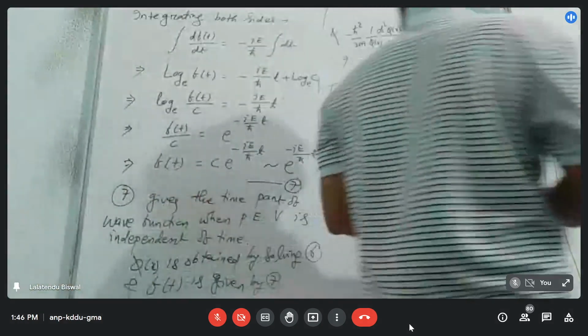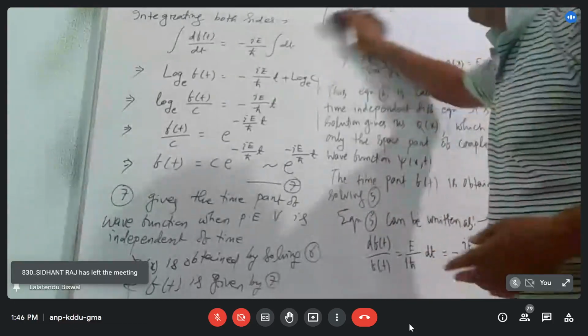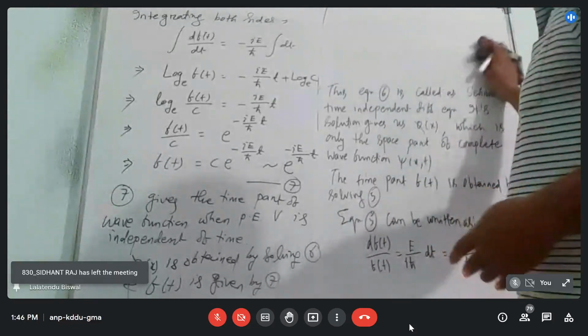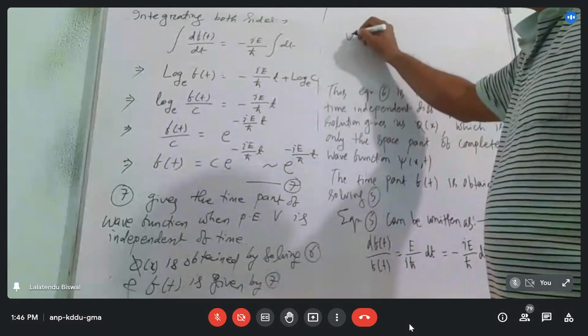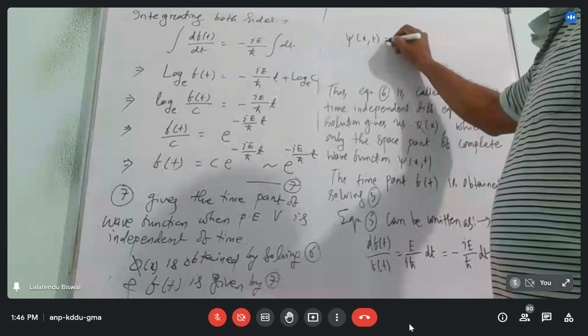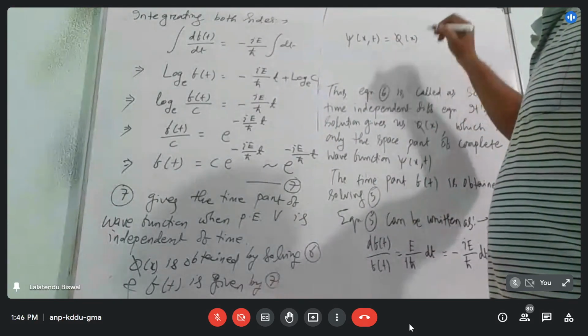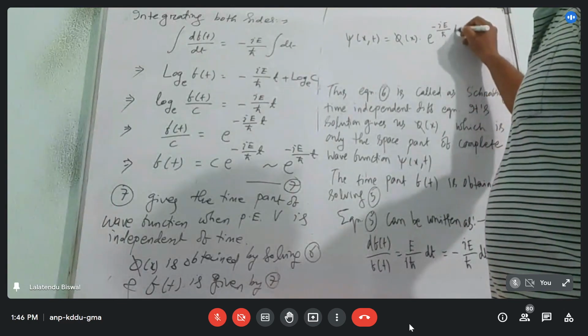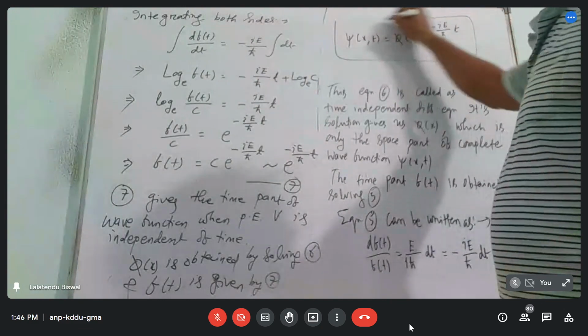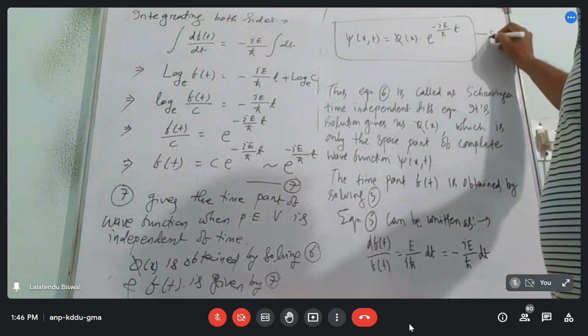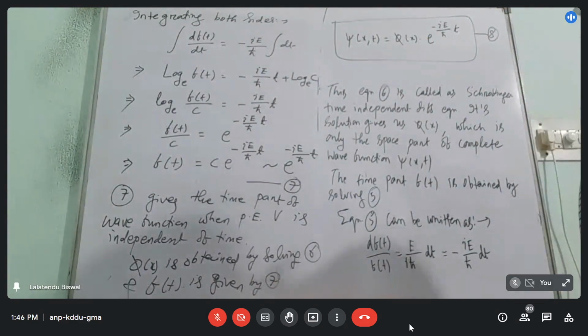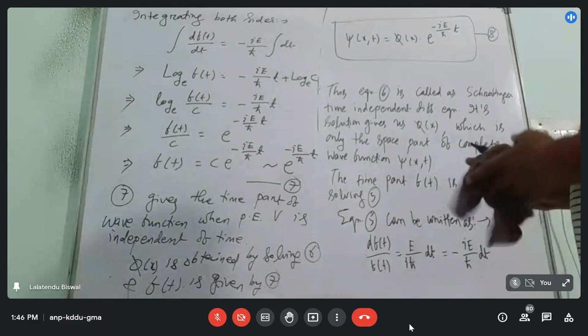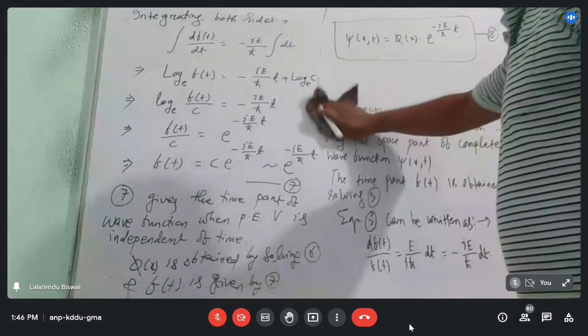So if you combine them, you can get the complete wave function, and the complete wave function is psi x,t is equal to phi x e to the power minus i by ħ E into t. This is the complete wave function when the particle is moving in a region where the potential energy is independent of time only.